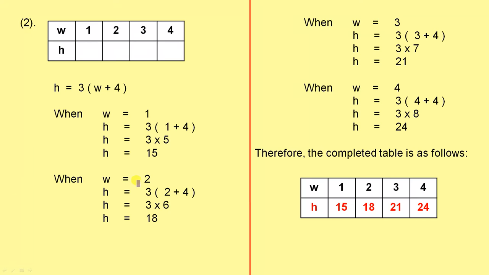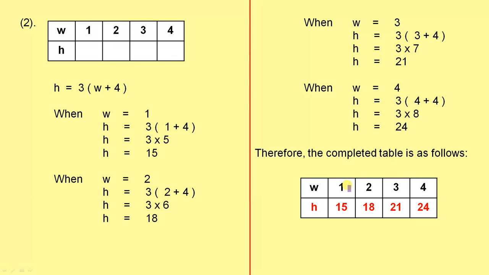When W equals 2, H equals 3 multiplied by 2 plus 4, 3 times 6 is 18. When W equals 3, H equals 3 times 3 plus 4, 3 sevens are 21. And when W equals 4, H equals 3 outside of 4 plus 4, 3 times 8 are 24.